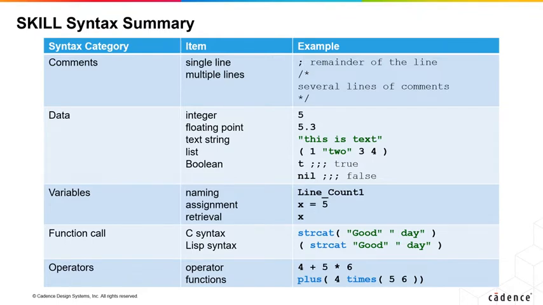The example here is a semicolon, and then the remainder of the line is considered a comment. For multiple lines, we can bracket them in a slash star, star slash syntax, and that indicates that everything between those two symbols is in fact a comment.